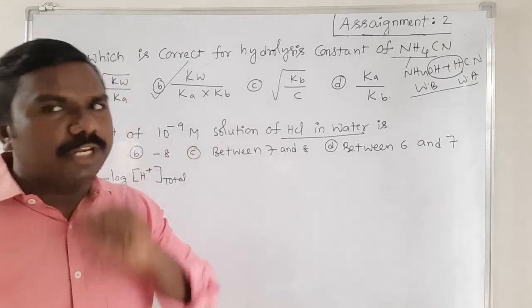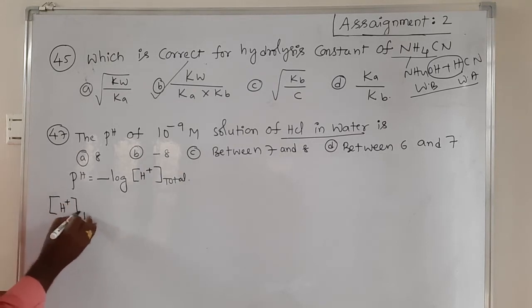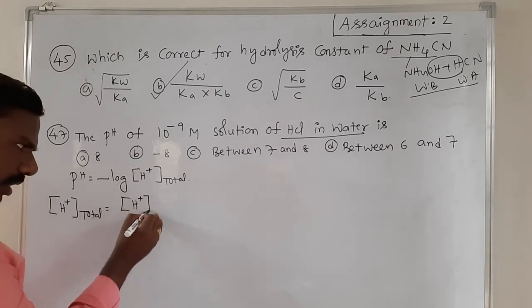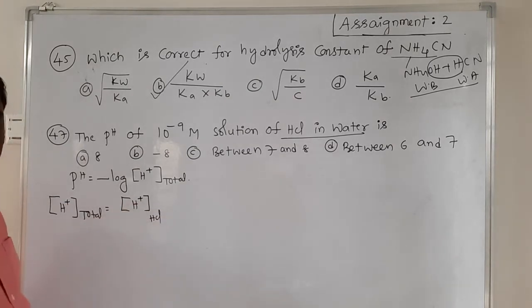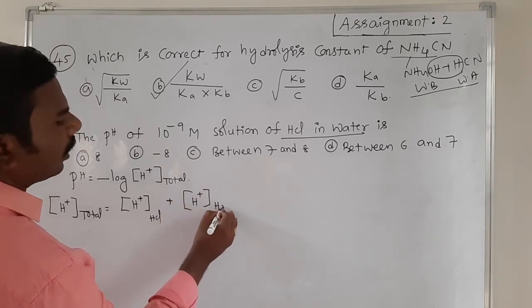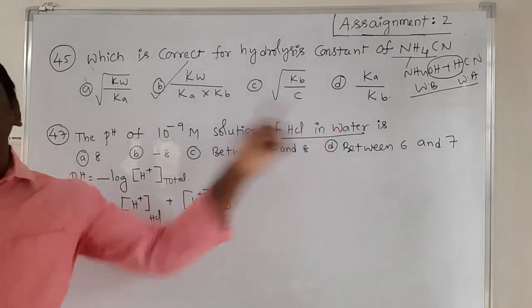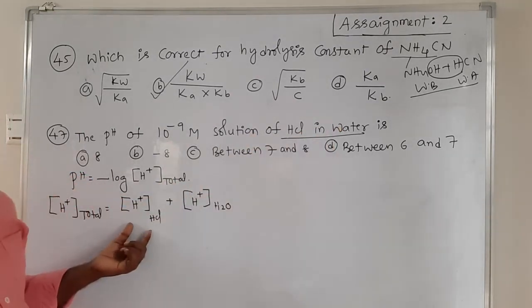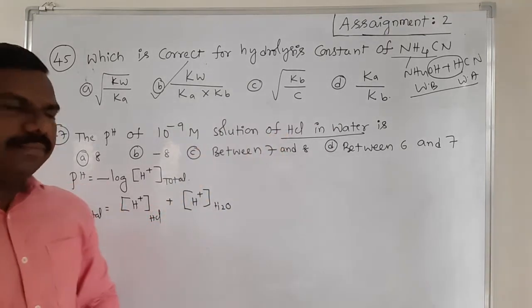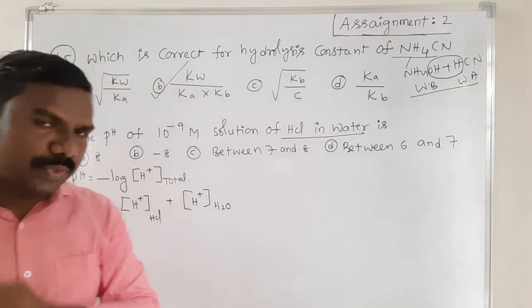So now, H plus total is equal to H plus concentration from HCl as per the data given plus H plus concentration from water. Getting, students? In such cases, you need to consider the H plus ion concentration as per the data given plus the H plus ion concentration which is present in water also.